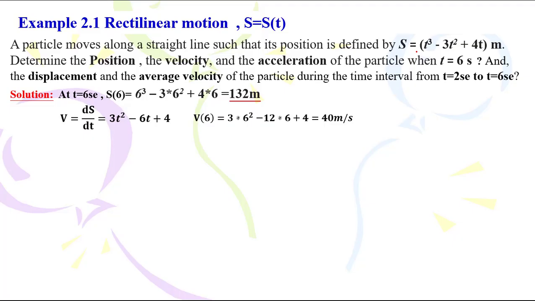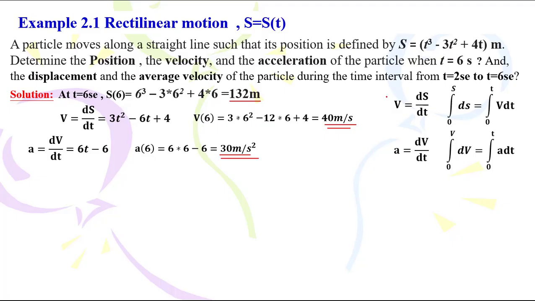If you differentiate this equation, you get 3t squared minus 6t plus 4. Then v of 6, you substitute now, is 40 meters per second. Then acceleration will be dv by dt, the rate at which the velocity is changing with respect to time. So differentiating the velocity, 6t minus 6. So a of 6 will be 30 meters per second squared.